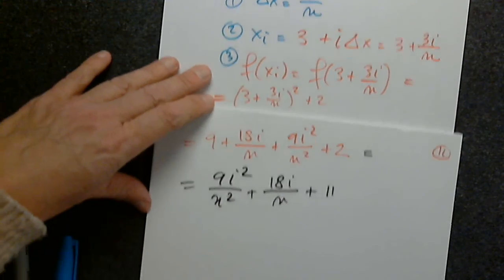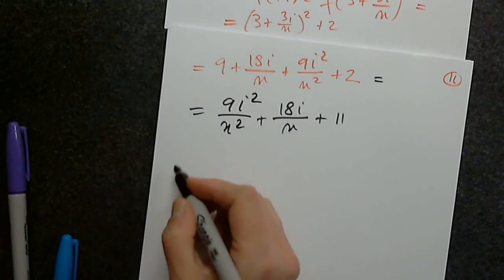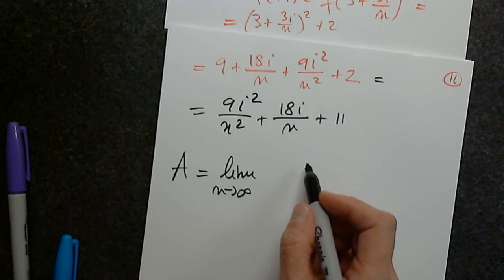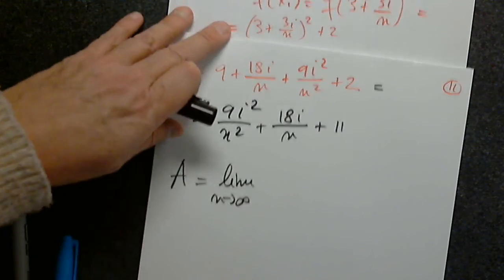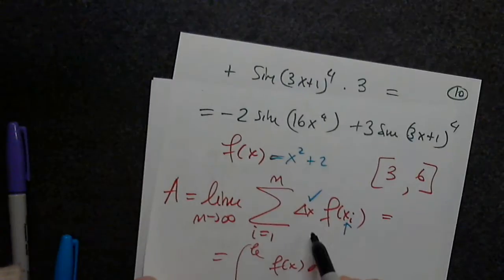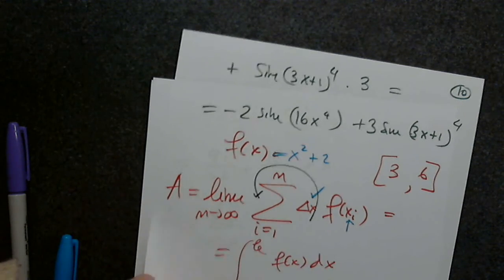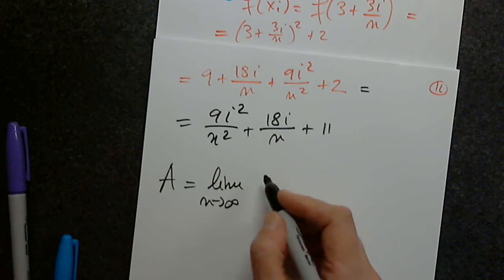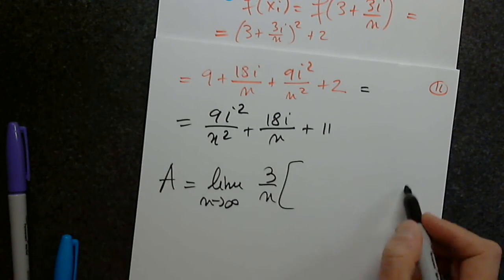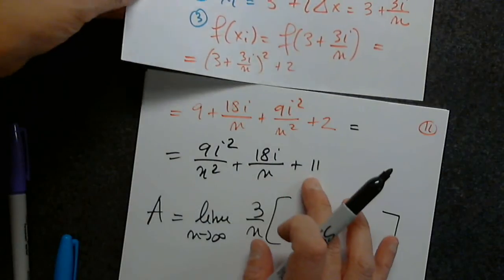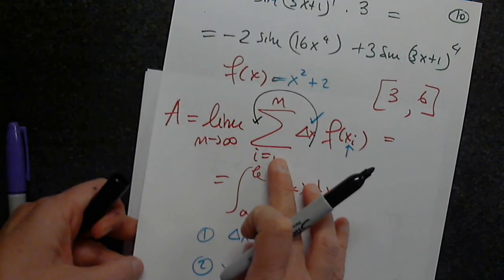So now I'm ready. Now I will say the area, the exact area, equals the limit as n approaches infinity. We know already that delta x is a constant. I would like to not waste time or paper and put it outside already. So that is 3 over n. Then I know that I have 3 terms and I have a sum.